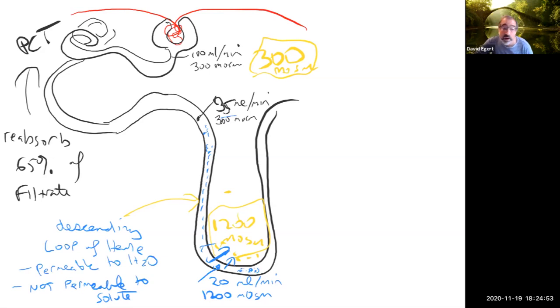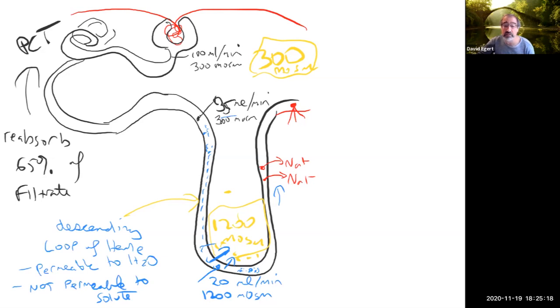But then when we go up the ascending limb, we said the ascending limb is pumping out sodium. So by the time we get to the top here, what is the inside going to be?